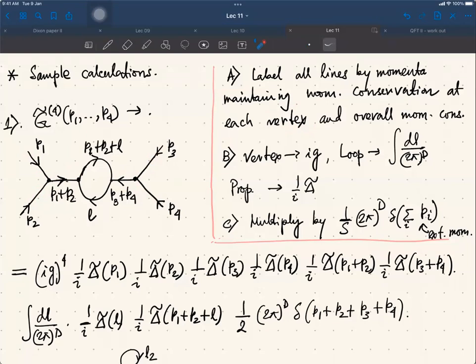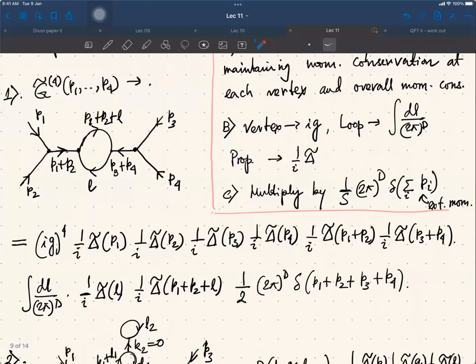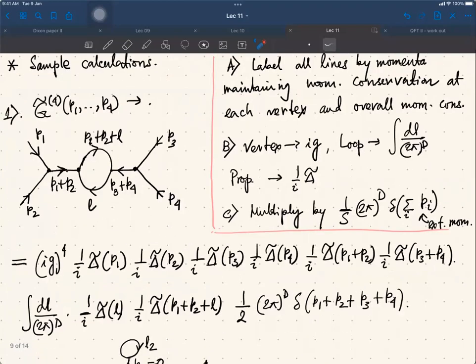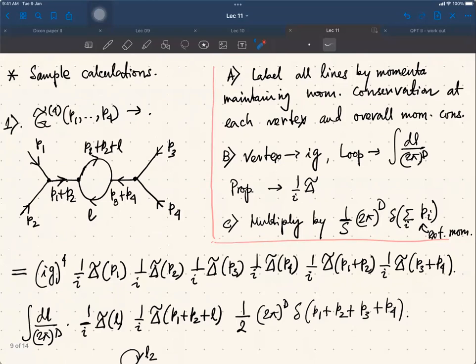Alternatively, one could label all internal momenta by arbitrary names, integrate over all those momenta, and put for each vertex a momentum-conserving delta function. That will eat up the integrals over the internal momenta, except for the ones that correspond to loops. So that is another way of writing it down. That's useful for some analysis. We will follow that in the next part.